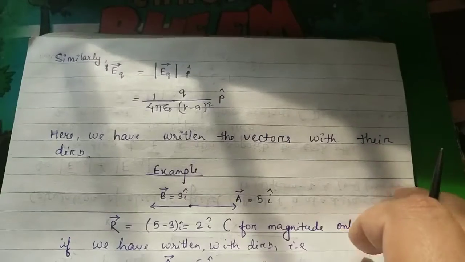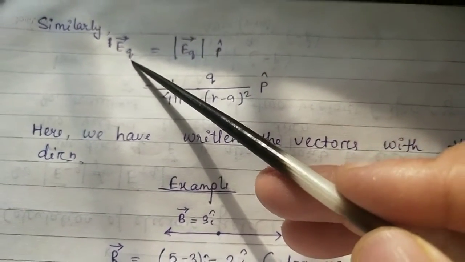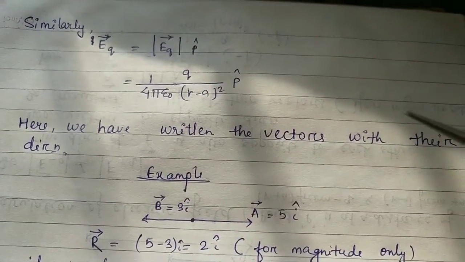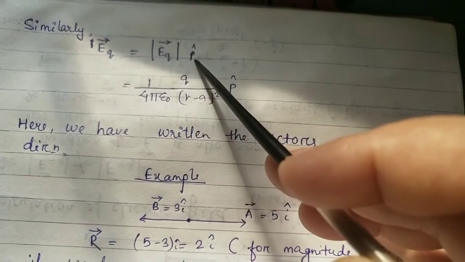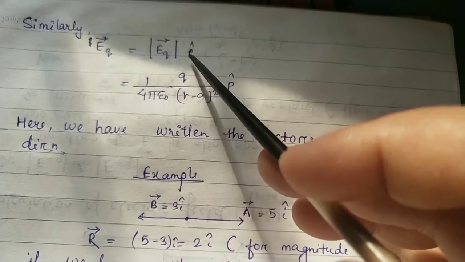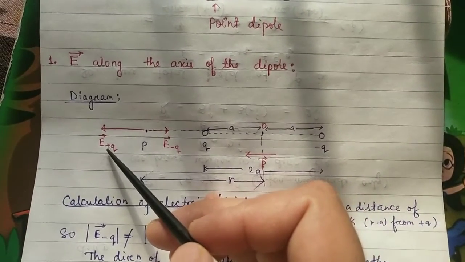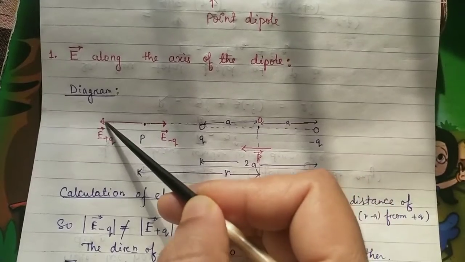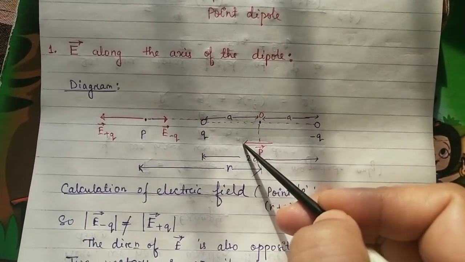Similarly we can write vector E due to the positive charge q equal to its magnitude and direction. Now you see the direction of E plus vector and P. See here, the direction of E plus vector is towards left, and the direction of the dipole is also towards left.